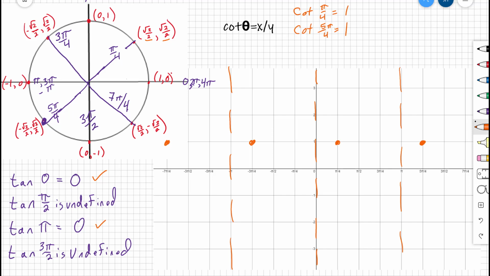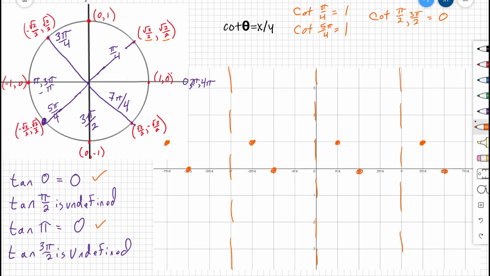Continuing around, at the points where tangent was undefined, meaning x was 0, cotangent is going to be 0. So at pi over 2 and 3 pi over 2, our value is going to be 0. At these points, cotangent will cross the x-axis.